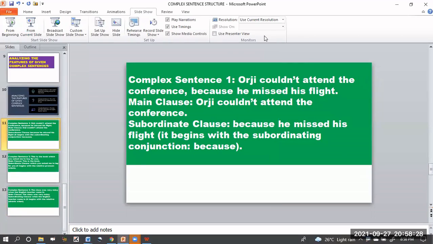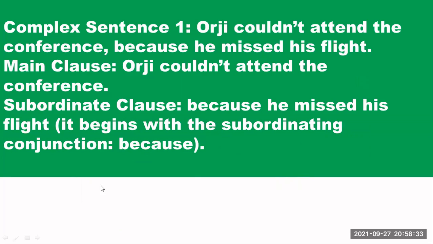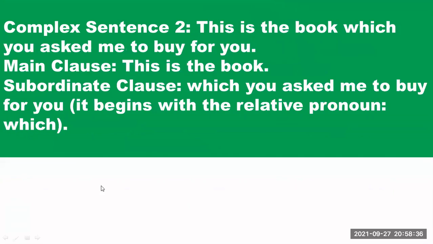Okay, so now you can see exactly what this is about. Now, complex sentence number 2, the same thing. This is the book which you asked me to buy for you. All right. This gives us a definite structure that is really not simple to reconstruct. We cannot begin a sentence with which you asked me to buy for you. We can't restructure this in that way.